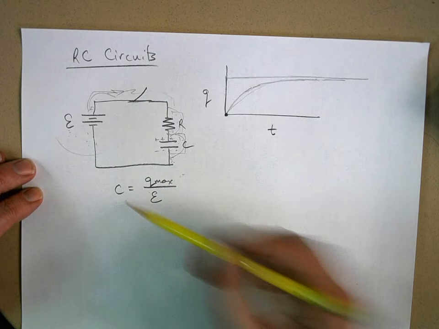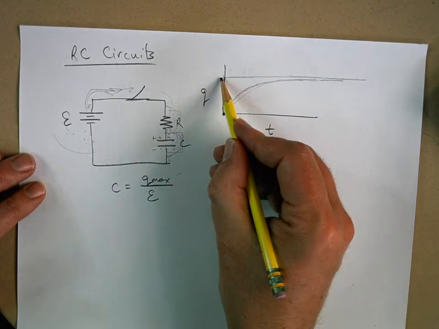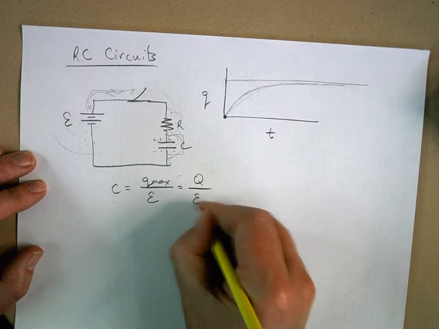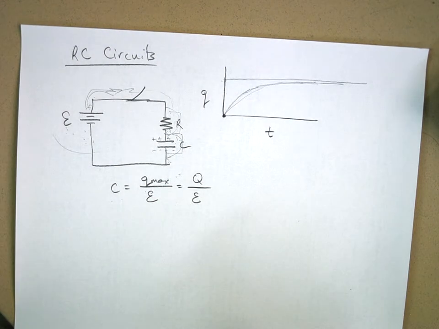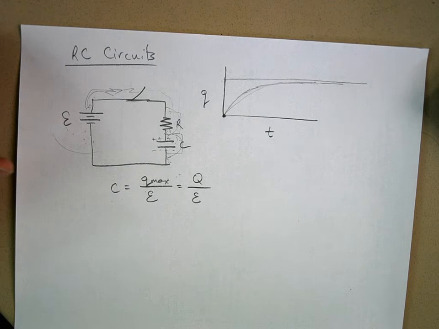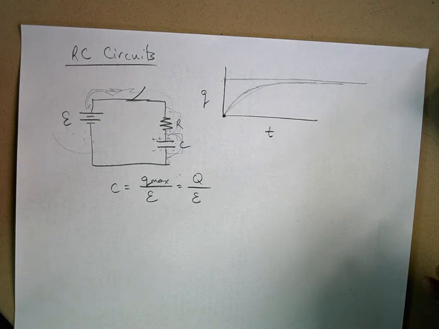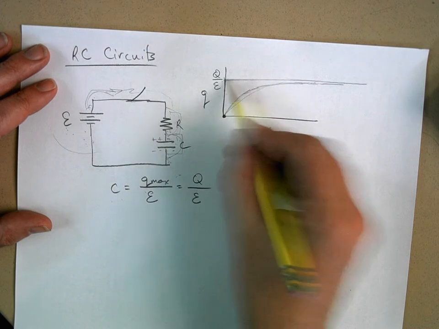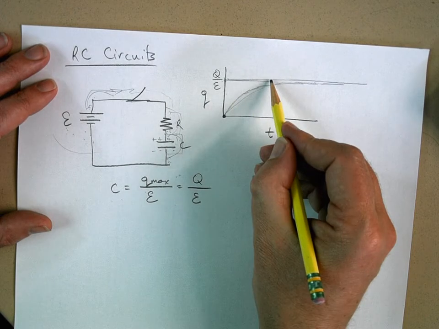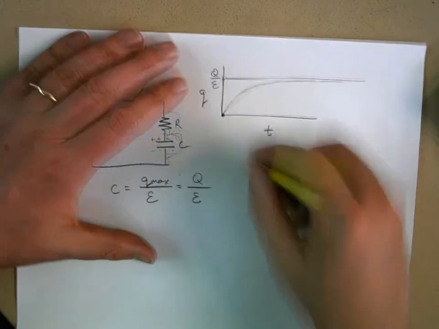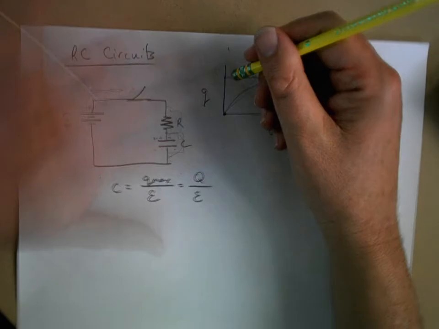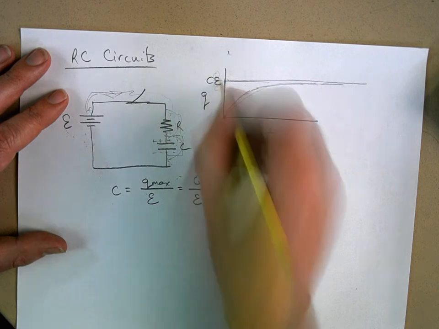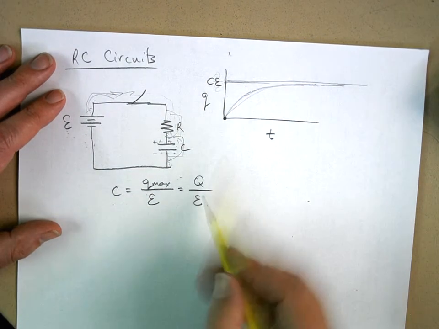So this right here, it'll approach this, the maximum. Let's call it the maximum Q. The maximum charge is the capacitance times the voltage, right? If I solve for Q, I get CE.